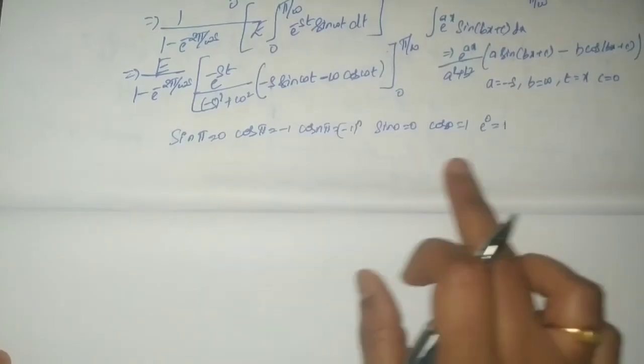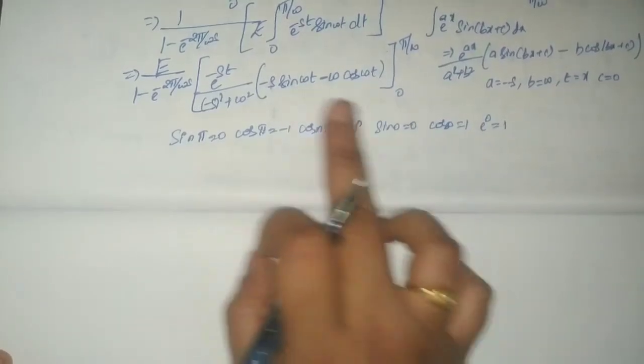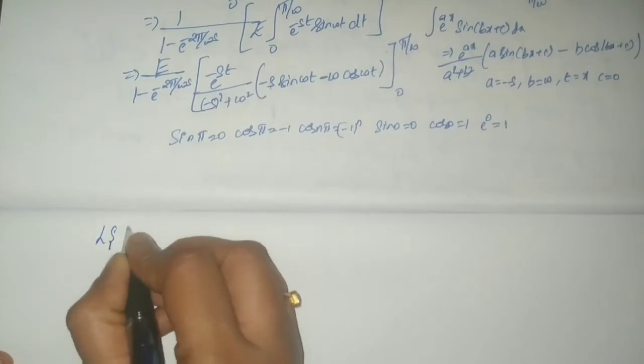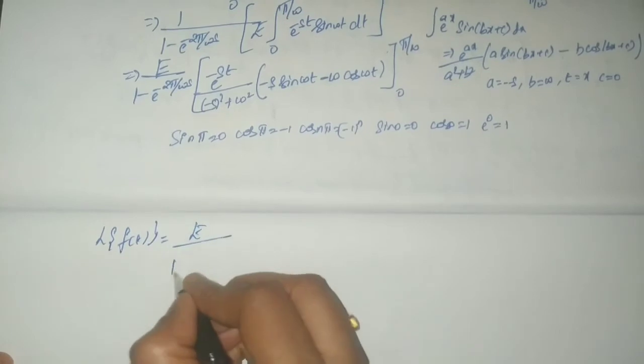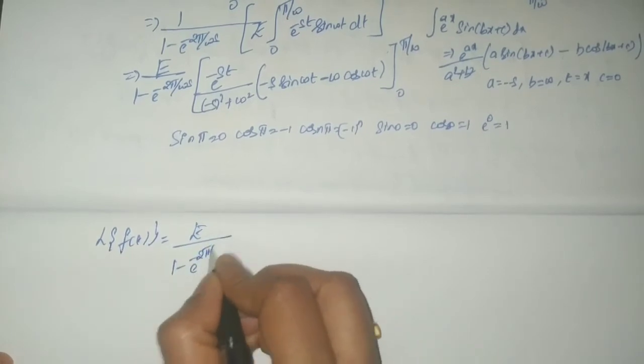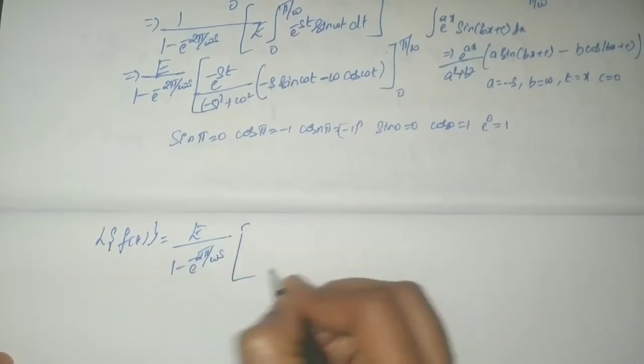Okay, so now let us start carefully substituting this into the function. So Laplace transform of f of t is equal to e by 1 minus e power minus 2 pi by omega s into, replace t by pi by omega.